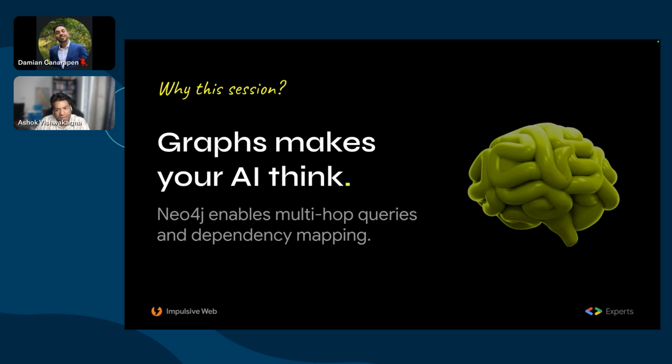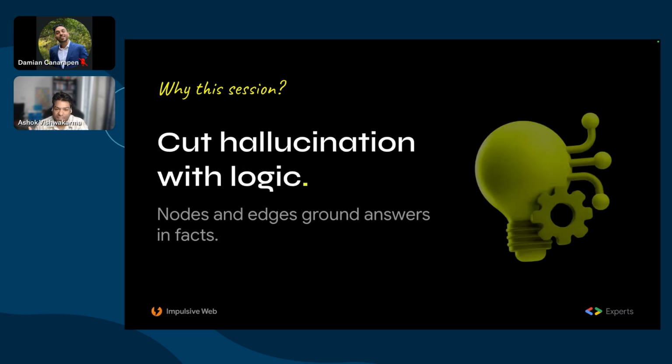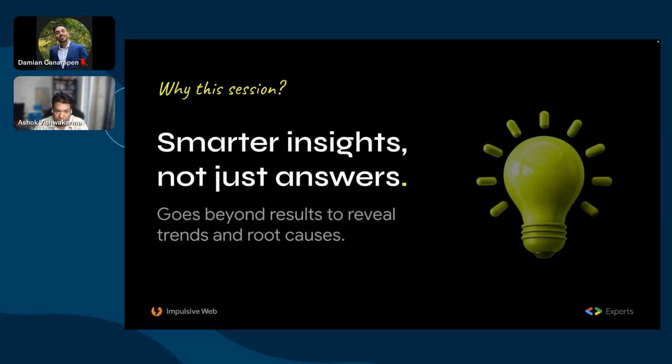What we observe is that when you add a graph, you can have multi-hop queries and dependency mapping, and that's what we think enables your AI to have a reasoning capability, or you can also say you can make your AI think to some extent. It's also because your nodes and edges give you the answers in a grounded fashion, so it reduces the hallucination of the LLM you're using.